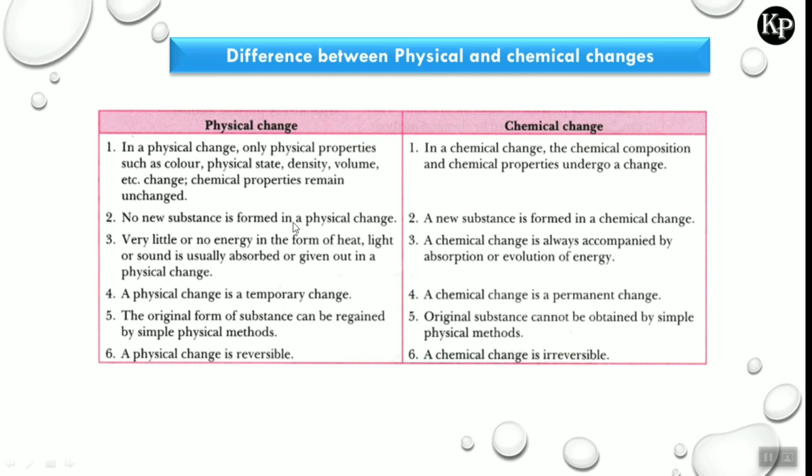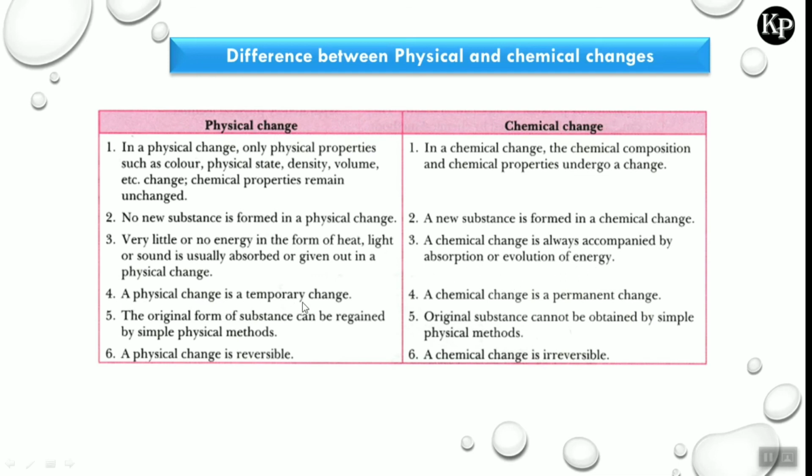No new substance is formed in the physical change, but in the chemical change, a new substance is formed. Very little or no energy in the form of heat, light or sound is usually absorbed or given out in the physical change, but the chemical change is always accompanied by absorption or evolution of energy.